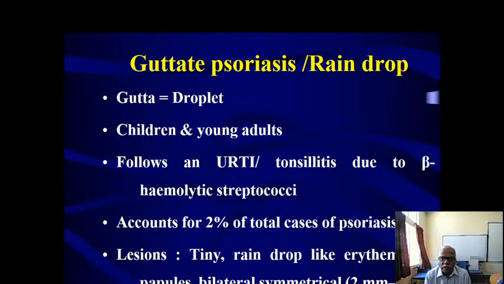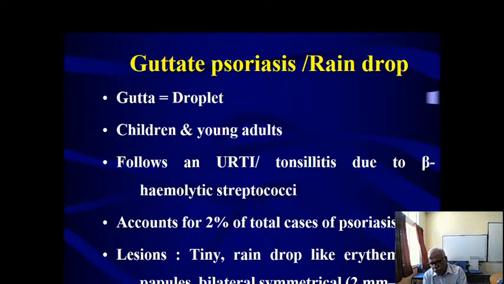Guttate psoriasis, otherwise called raindrop psoriasis. Gutta means droplet, commonly seen in children and adults following upper respiratory tract infection or tonsillitis due to beta-hemolytic streptococci, and it accounts for 2% of total psoriatic cases.